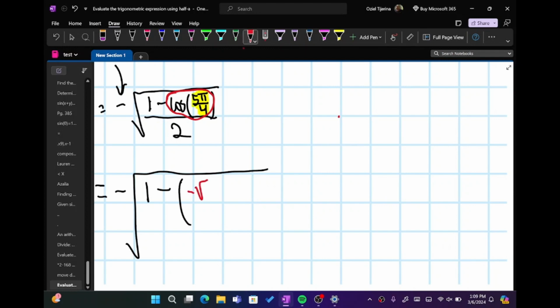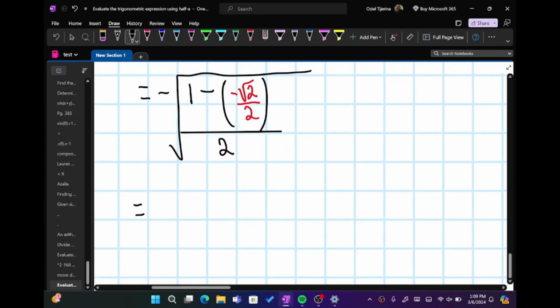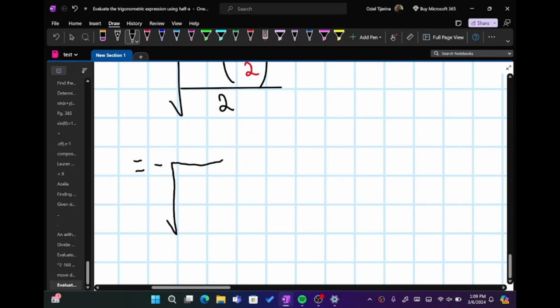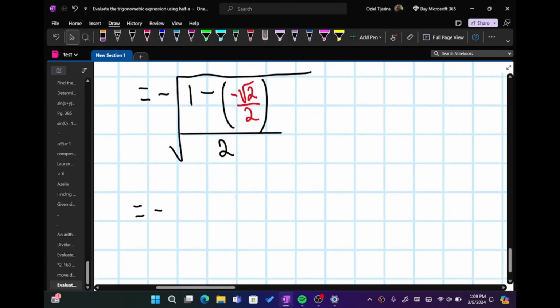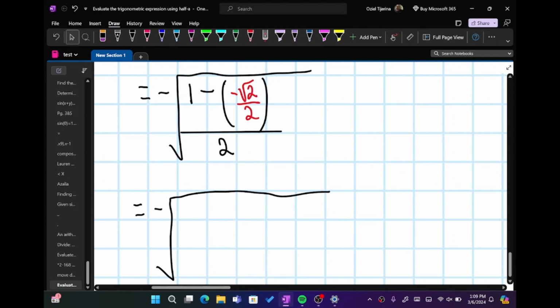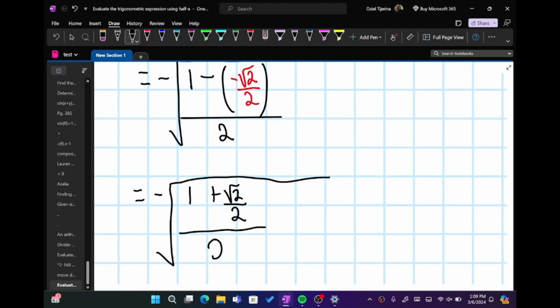I would not recommend evaluating this with a calculator, because it's going to give you a decimal, unless you have a calculator that gives it to you in terms of square roots, but I don't know if your professor or teacher will allow that. So do it by hand. This is going to be 1 plus the square root of 2 over 2, because the negative cancels out, and then all over 2.